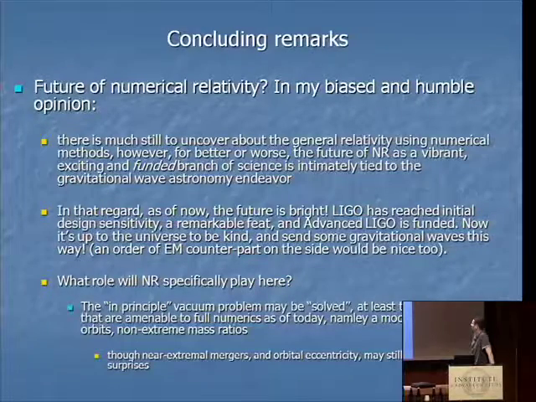And there's good expectation that advanced LIGO will make detections and do some interesting science. So in that case, what role will numerical relativity still play? I think there are a couple of aspects here.